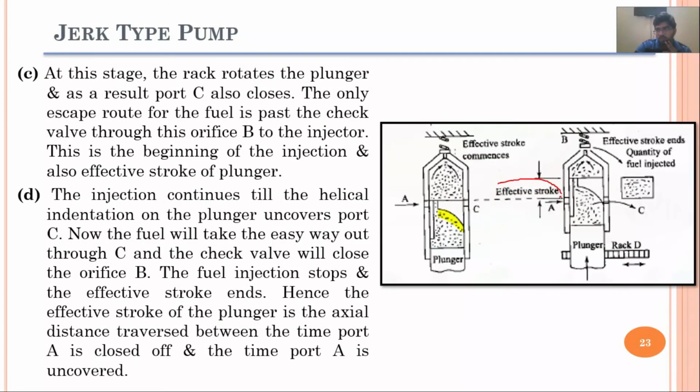This is the point from which the outlet valve has been opened and fuel is being supplied from the outlet valves, and it is the point when the spill port has been exposed and now the fuel is being passed through these spill ports and not going from the outlet discharge valve.